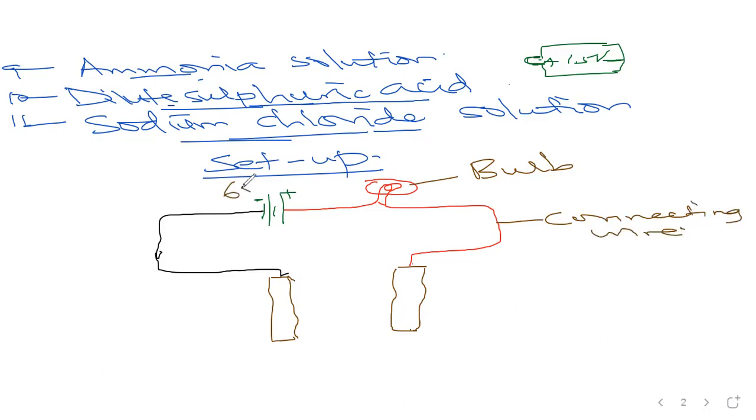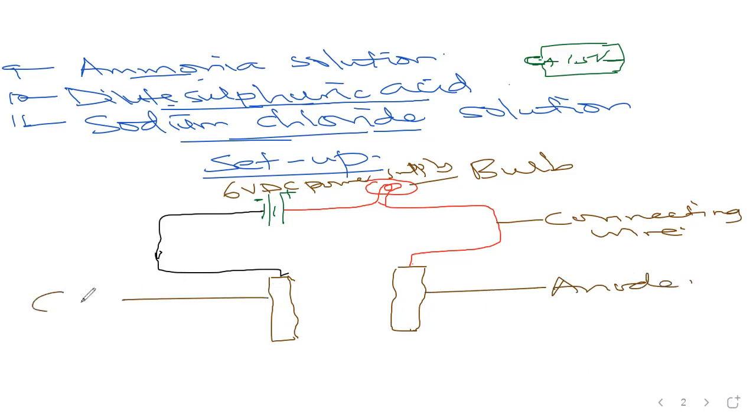This is your 6 volts DC power supply. Now, this being the positive terminal, you will have the anode this side. And this is your cathode, because it's connected to the negative terminal of the battery.